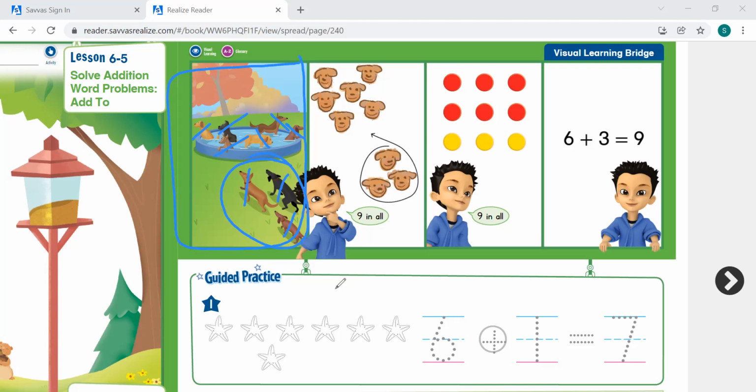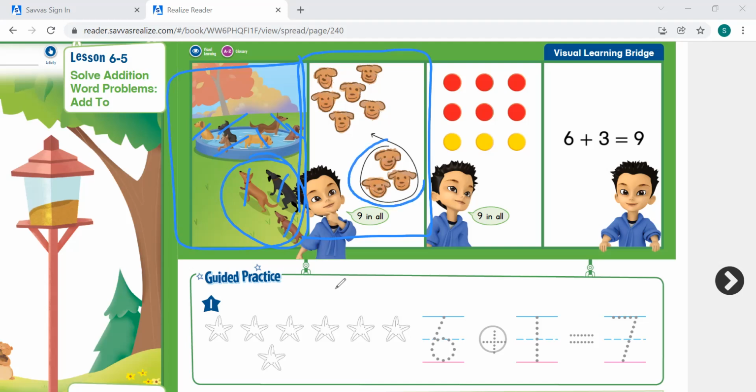Let's look at this next picture. What does this picture show? There are dogs, not counters. There are drawings of 6 dogs, and there are drawings of 3 more dogs, which are circled, and they have an arrow to join the other group.